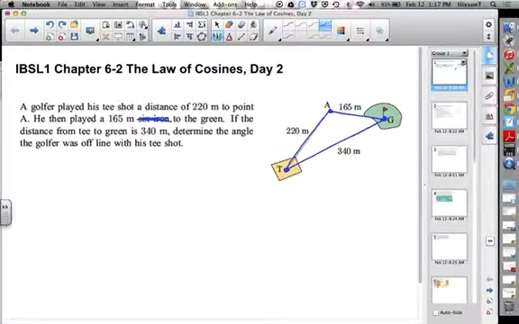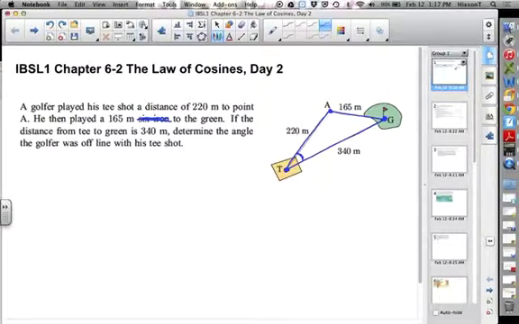So the question is, how far off? Determine the angle the golfer was offline with his tee shot. So obviously they're wanting us to find one of those angles. Which angle is it? T. I don't need X because it's labeled T. They want us to find this angle right here.